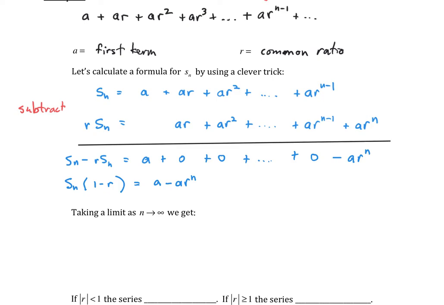All right. And then I can divide both sides by 1 minus R. I get the nth partial sum is going to be equal to A times 1 minus R to the nth power, all divided by 1 minus R.